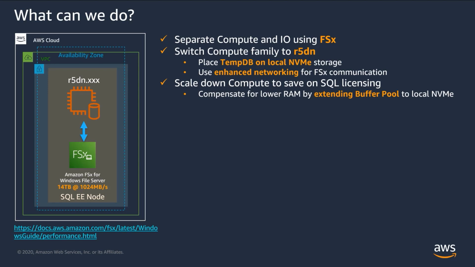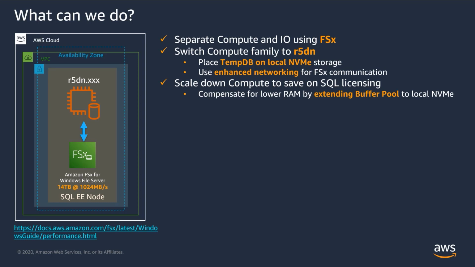R5 8 extra large instance was selected to host SQL Server for AWS Corporation because of the requirement to provide sustained throughput of 30,000 IOPS to Elastic Block Storage, or EBS. So what if we separate compute and storage requirement by offloading storage to Amazon FSx?